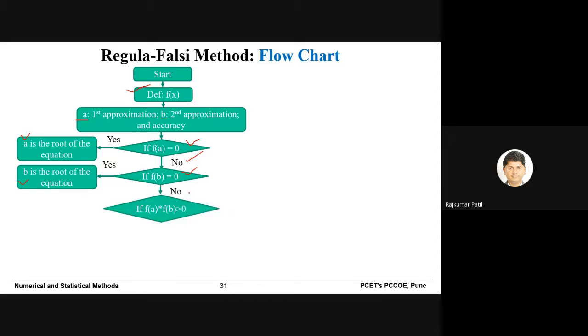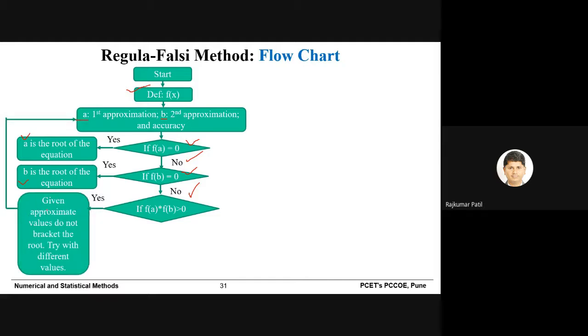Again, if this condition is not true, then we check if f of a multiplied by f of b is greater than 0. If this condition is true, then we can say that the root does not lie between a and b, and therefore we go back to step number 3 and repeat the process by changing the values of a and b.